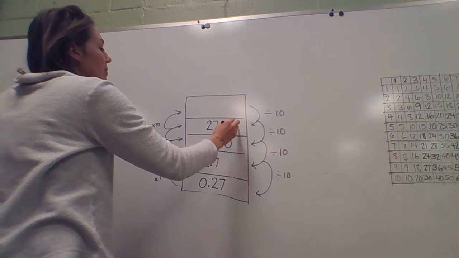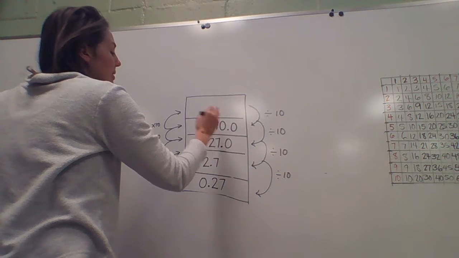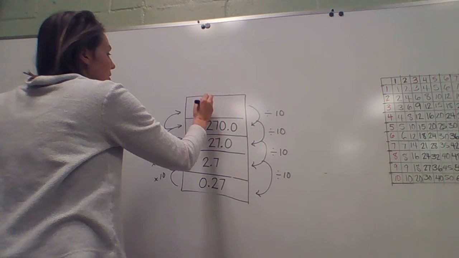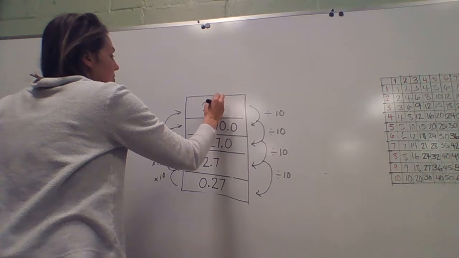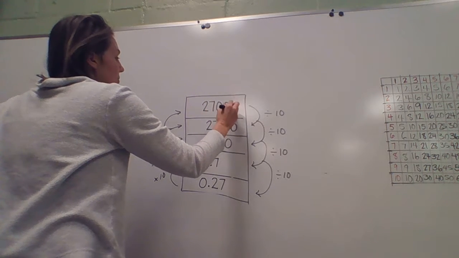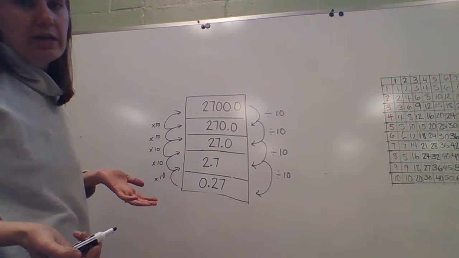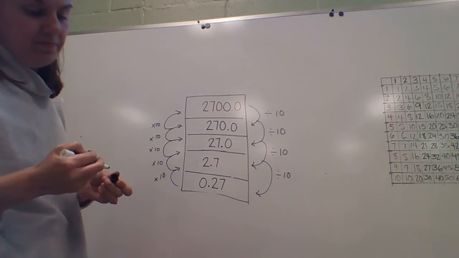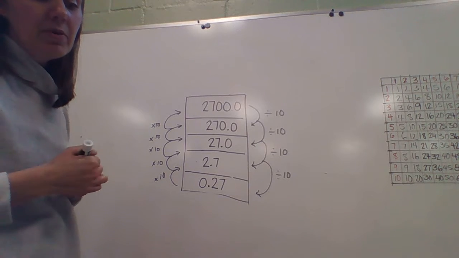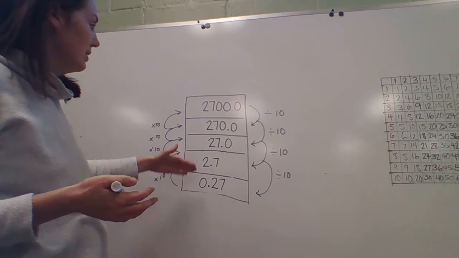But when I move my decimal place 1 more place value over, I'm going to have 2,700. And I could say 0 tenths, or I could leave that off as well. All right, so that's for number 1. We're looking at those patterns again.